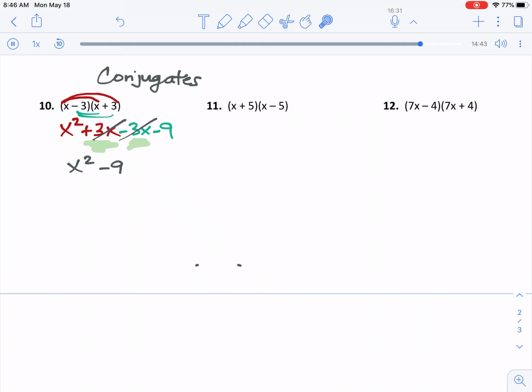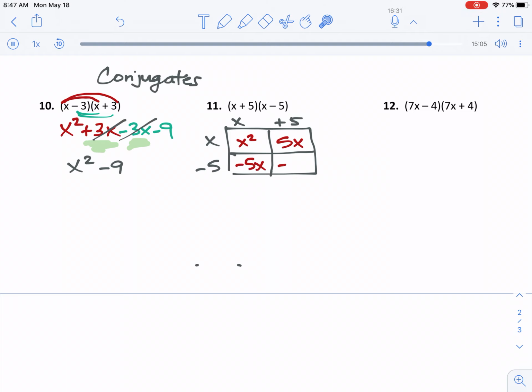So let's show another one. I'll do this one with the box method just to show you that it really does work if you like this box method. So we'll make our little box. We have our x plus 5, our first binomial, and our x minus 5, our second binomial. x squared. This is 5 times x. This down here is negative 5 times x.